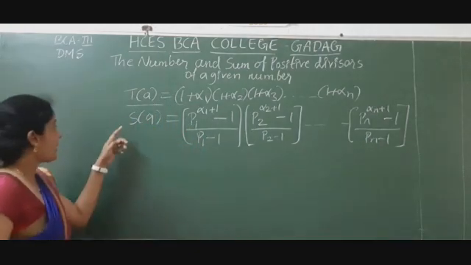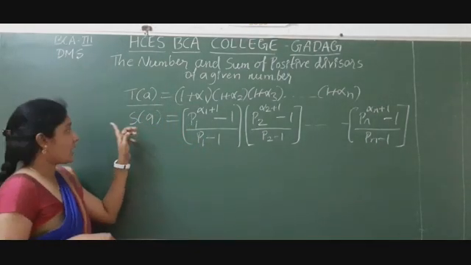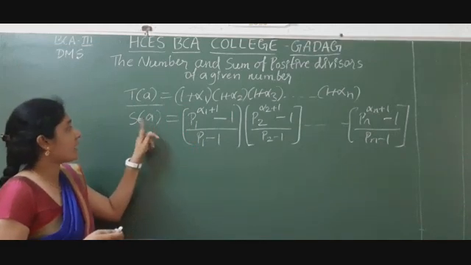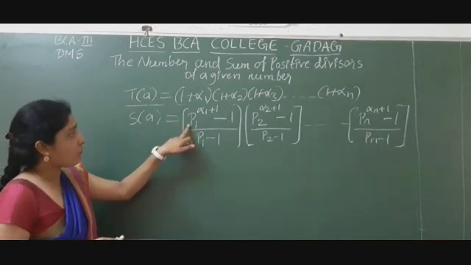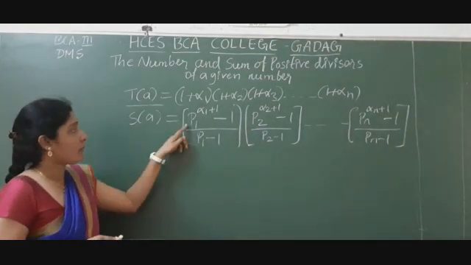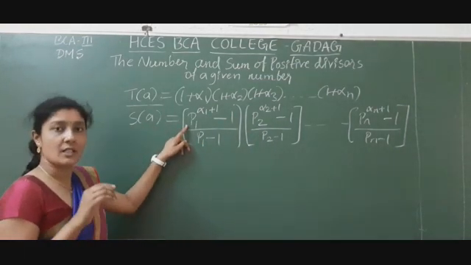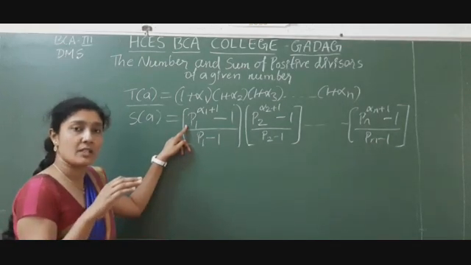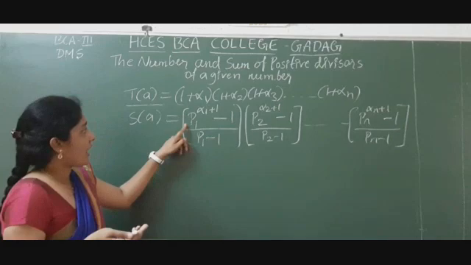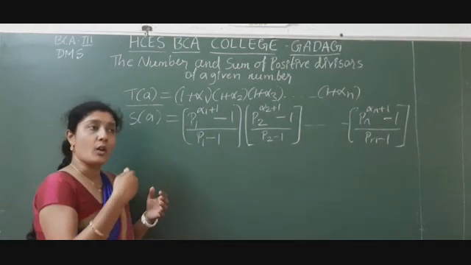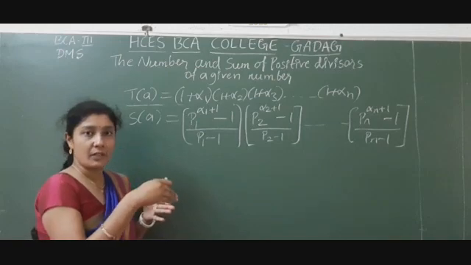Okay. So here S stands for the sum of all the positive divisors, and A is nothing but the given integer, and this P is nothing but the prime number. What is a prime number? A prime number is a number which is divisible by only itself and by 1, which cannot be divisible by any other number. And alpha, as I told you, is the power or degree of the given divisor.